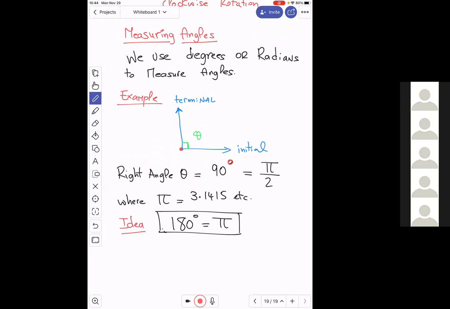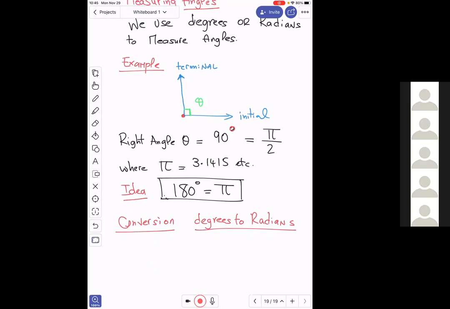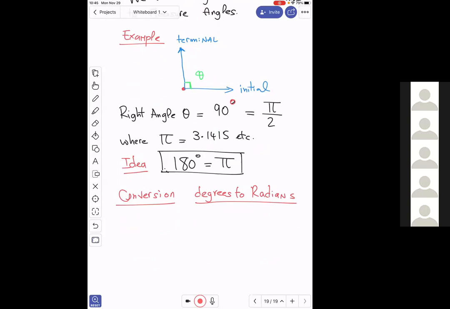So if you want to convert degrees to radians, we multiply by pi over 180.